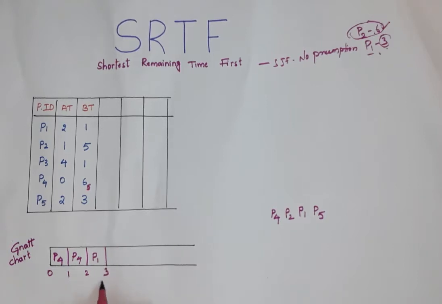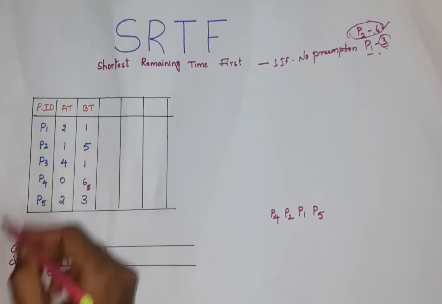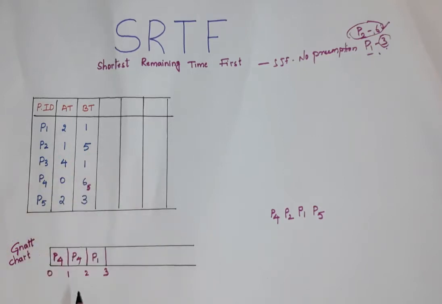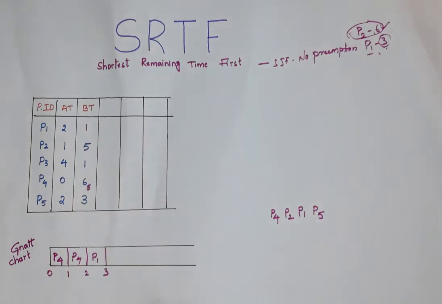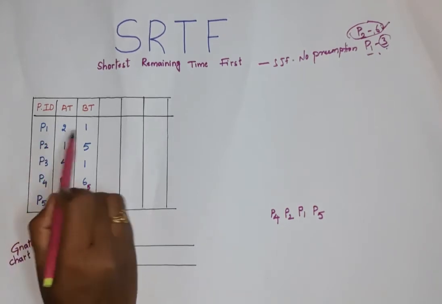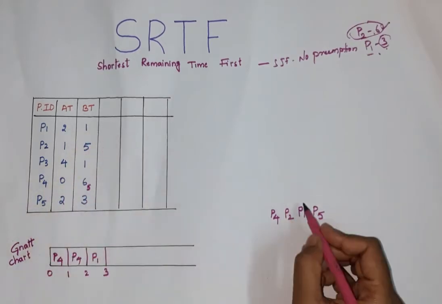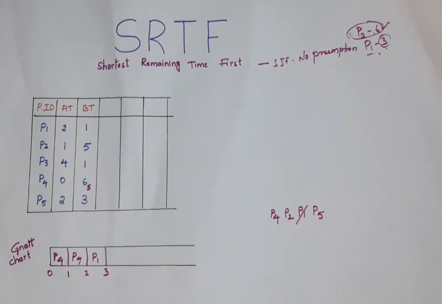Now again at the third unit of time, you have to check which process is in the ready queue. At the third unit of time, did any process come? No. No process came at the third unit of time. Here P1 is given 1 unit of time and the burst time of P1 is 1. So P1 is executed completely and removed from the ready queue.